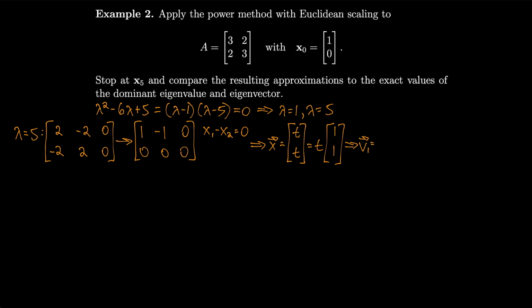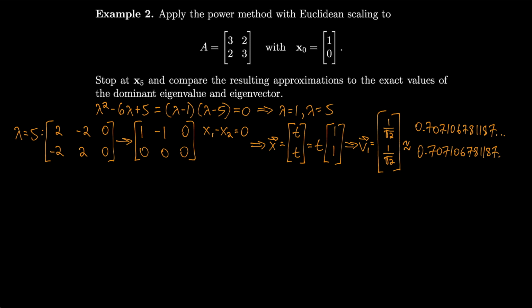Let's normalize it by dividing by its length, and we get (1 over root 2, 1 over root 2), which is approximately (0.7071067811187, 0.7071067811187).